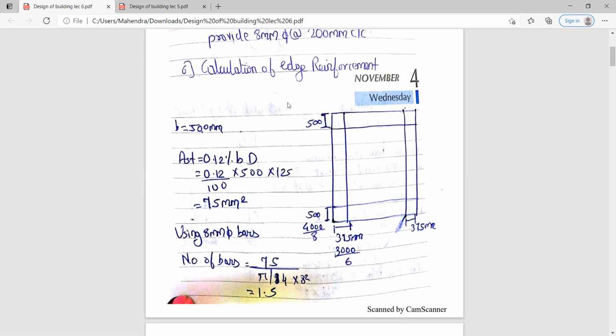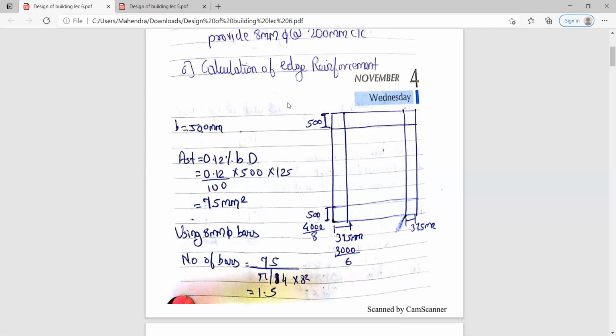So for the 8 mm diameter bar, you need to calculate the number of bars. What is the formula for number of bars? Yes, AST upon pi/4 into D square. As you are going to use an 8 mm diameter bar, so pi/4 into 8 square.